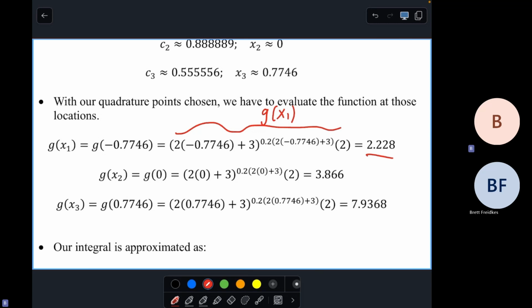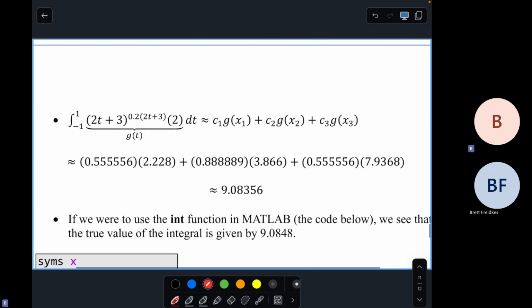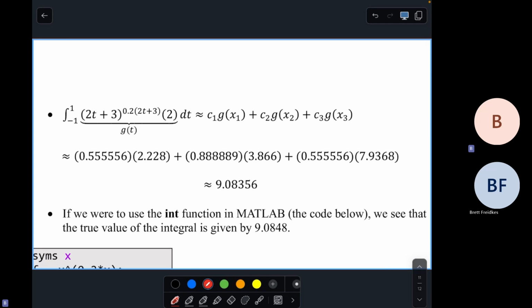We'll do the same thing with g of x2, the same thing with g of x3. We will add them all up, and we get 9.083, where the true value is 9.084. Pretty good.